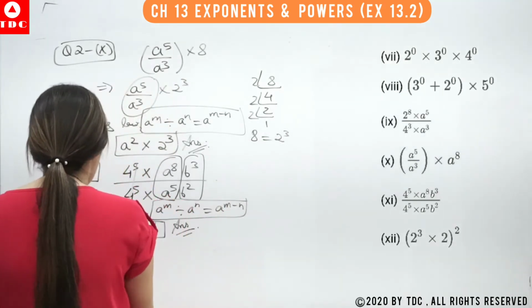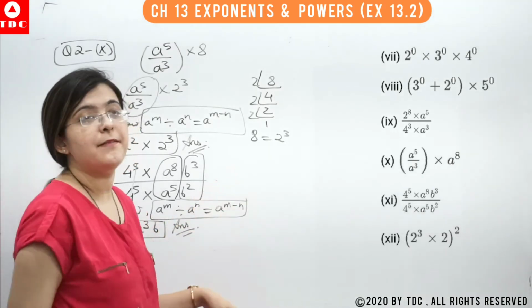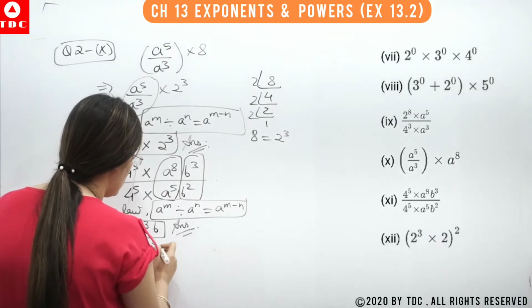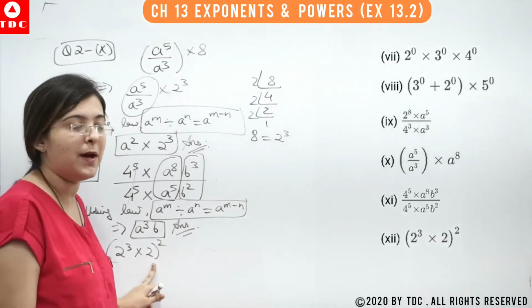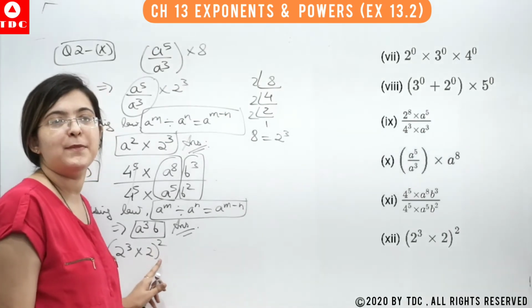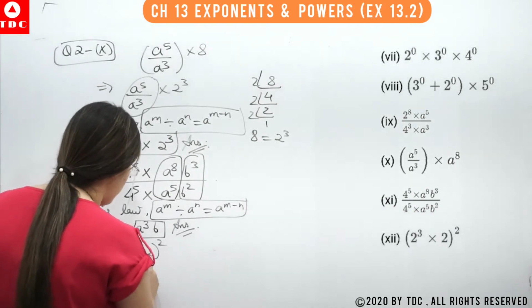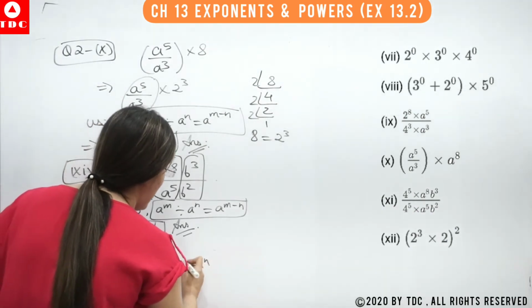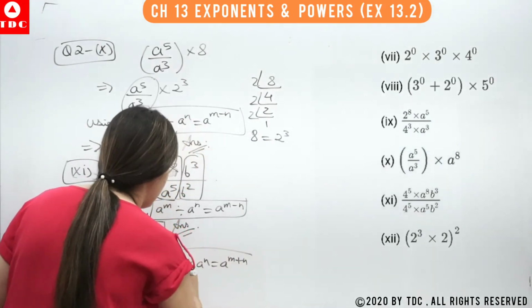Now see the last one. What is given? 2 to the power 3 into 2 to the power 2, like this, in brackets. So first we can solve the inner one. There is nothing written, that means it is 2 to the power 1. So using the law, a to the power m into a to the power n will give us a to the power m plus n.